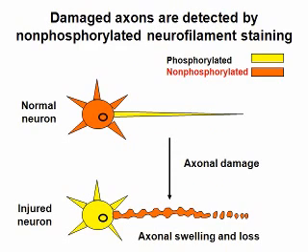We detected axonal damage using immunohistochemistry against neurofilament. Neurofilament is phosphorylated in the cell body of neurons and transported to axons. So in normal neurons, the non-phosphorylated form is detected in the cell body, and the phosphorylated form is detected in axons.